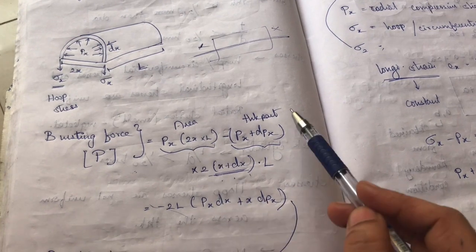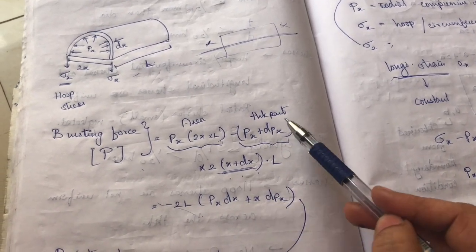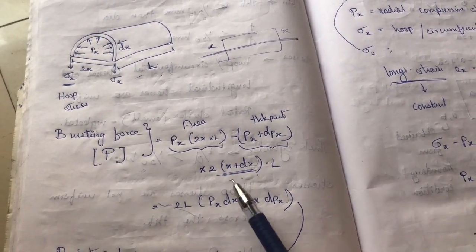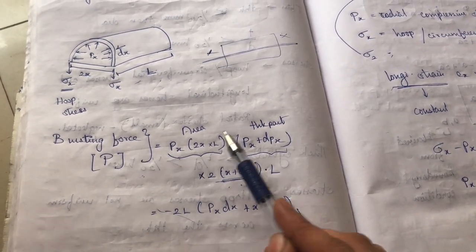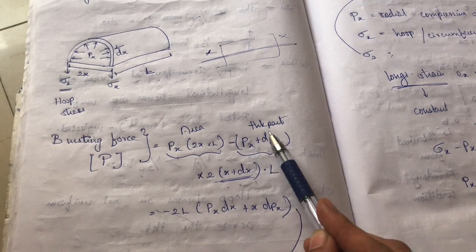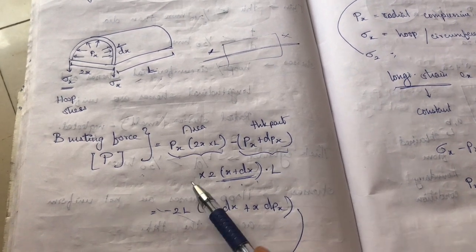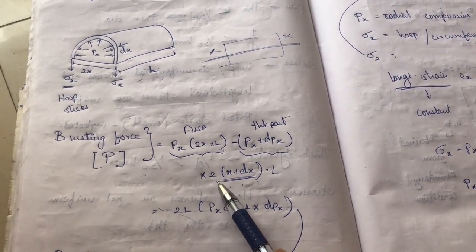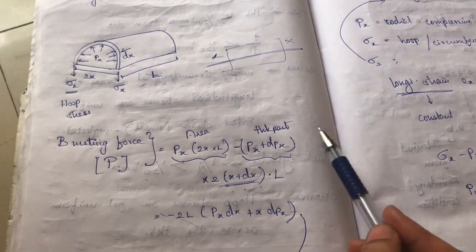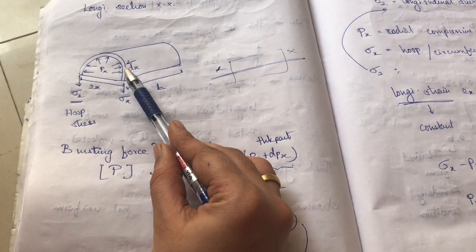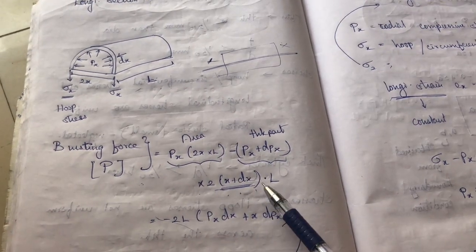From the whole area I subtract the thickness part, into length L. Here the pressure is Px, but there it is Px plus the small part dPx, into 2x plus 2dx, because this is the small dx part, into L.